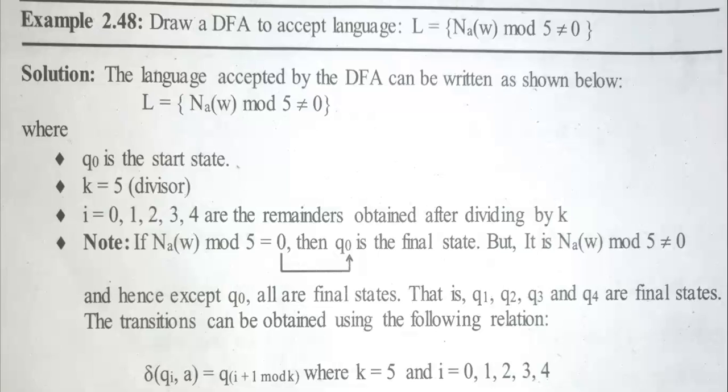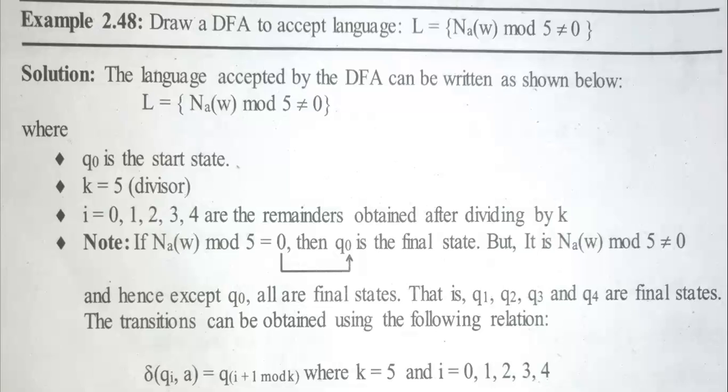Sometimes it will be equal to, sometimes not equal to. If you have equal to, then Q0 will be the final state. But here in your question, they mentioned not equal to. Then except Q0, all are final states, like 1, 2, 3, 4. Those 4 states, Q1, Q2, Q3, and Q4, will be the final states.